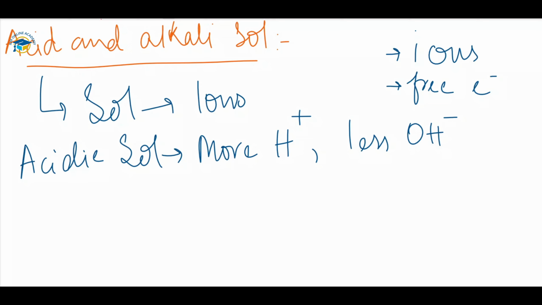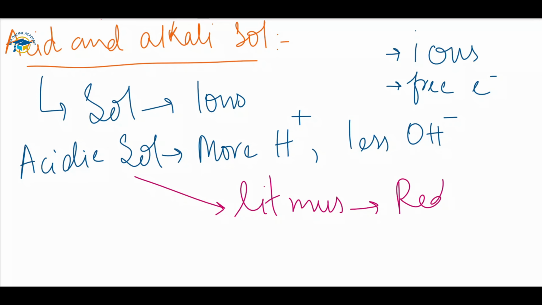And we can also use the indicator we read about before, litmus, which is affected by the presence of hydrogen ions or hydroxide ions. If hydrogen ions are present in the acidic solution, this solution will turn the litmus red. Litmus will turn red because of the hydrogen ions.